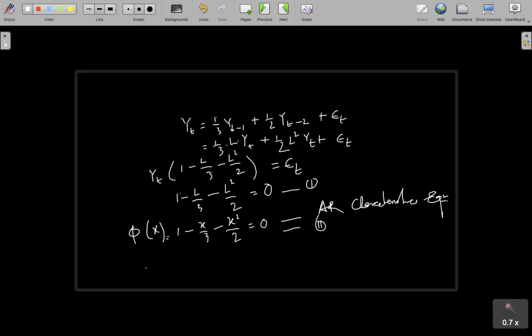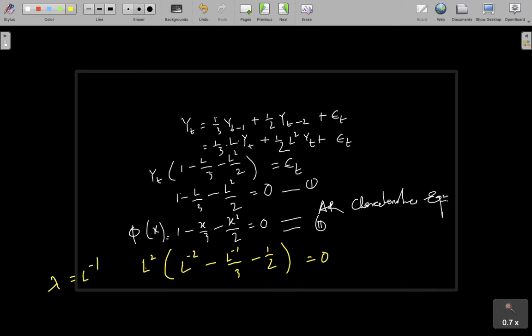Let's use a different color for the next step. Okay. So what I do is I take L square common, because I am trying to invert the roots, and I have L to the power minus 2 minus L to the power minus 1 by 3 minus half is equal to 0, right? Now I want to replace lambda equal to L to the power minus 1, right?